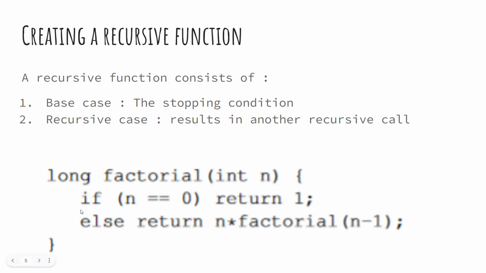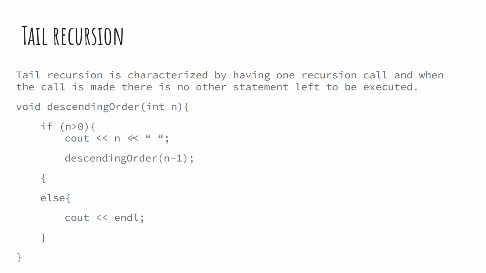In this case, if n equals 0, return 1 is the base case, because that's the case where our recursive function stops calling itself again. Whereas the second statement, else return the product of n and factorial n minus 1, is the recursive case over here.